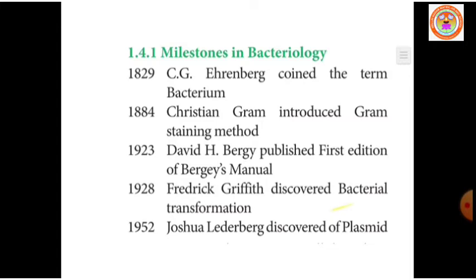Keep note of it. In 1928, Frederick Griffith, a British bacteriologist, conducted an experiment on bacteria and showed that the genetic material of bacteria is DNA through bacterial transformation. Joshua Lederberg discovered plasmid. He also studied conjugation.